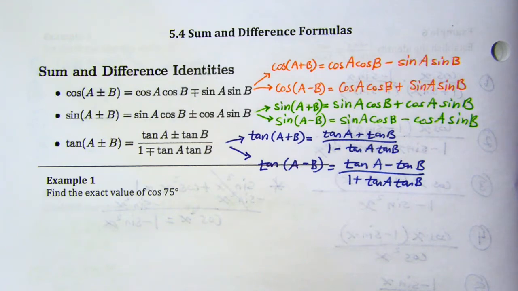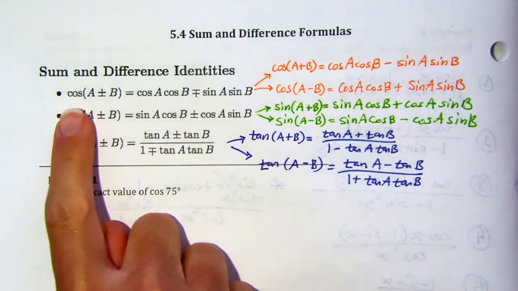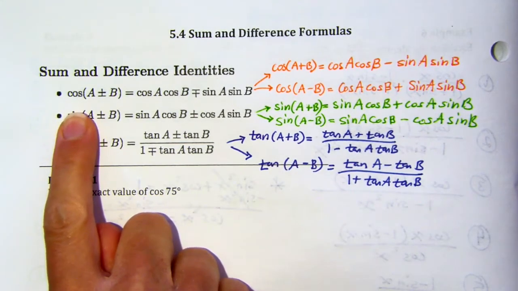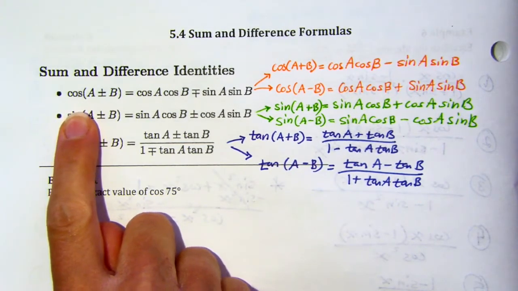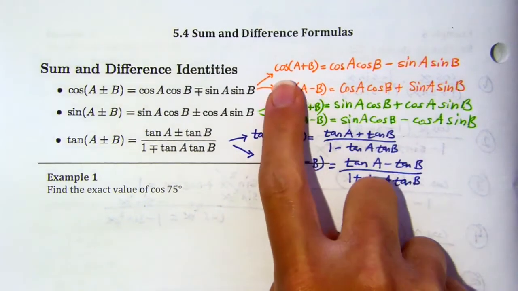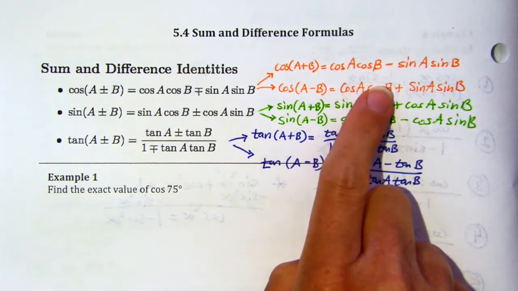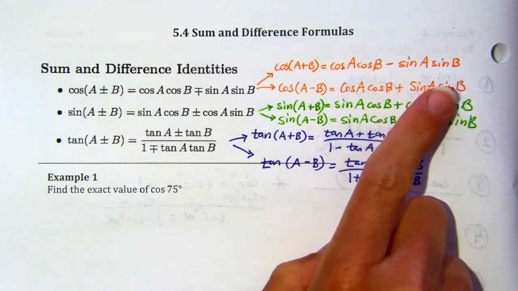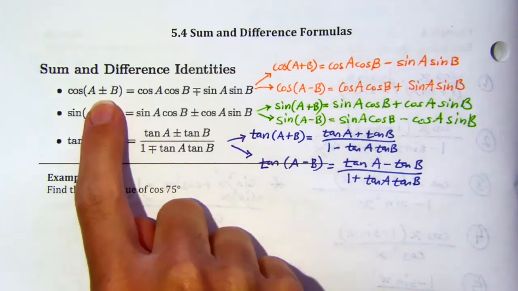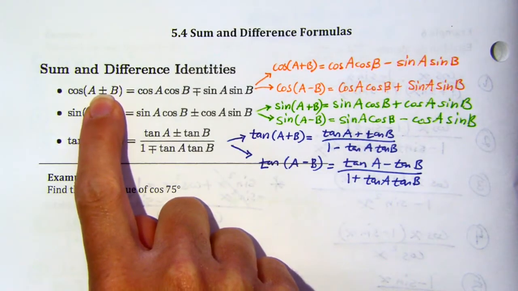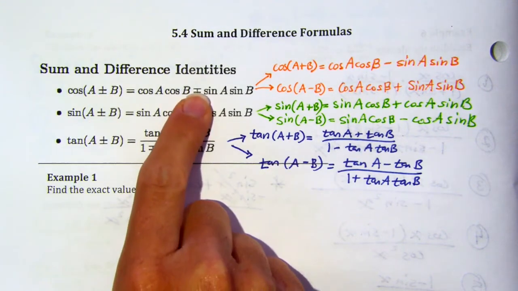However, sum and difference formulas allow us to find exact values for some other angles, and we're going to look at that today. When we look at these equations, there are two equations written in one, essentially to save space. I've written them out here for you. Cosine of A plus B is equal to the cosine of A times the cosine of B minus the sine of A times the sine of B. Notice that the top sign in the parentheses goes with the top sign over here.